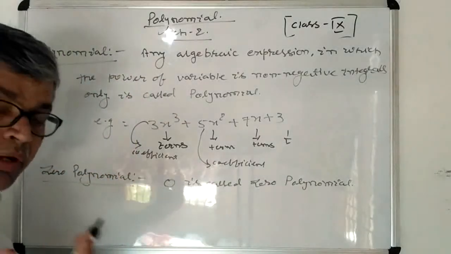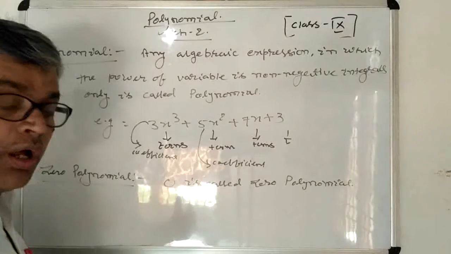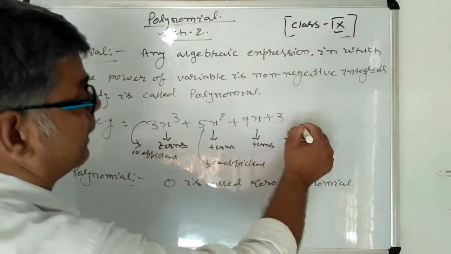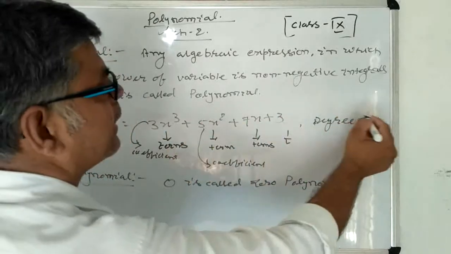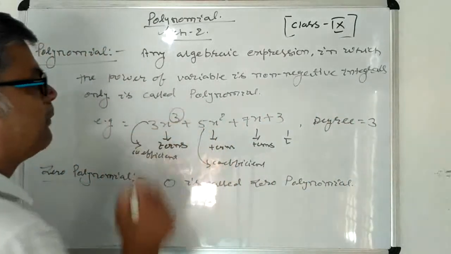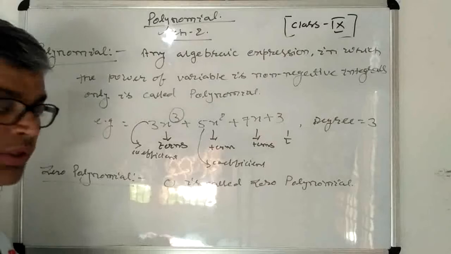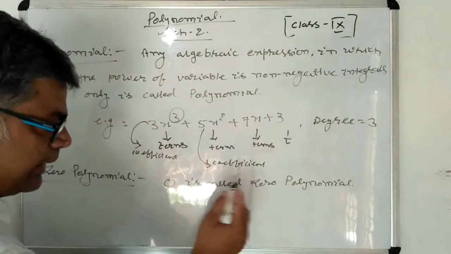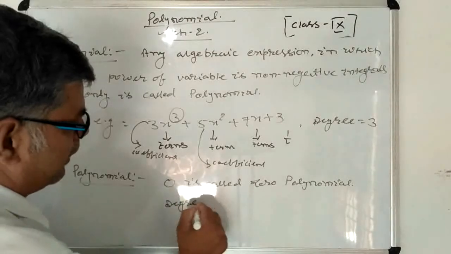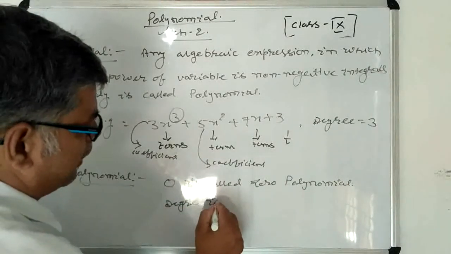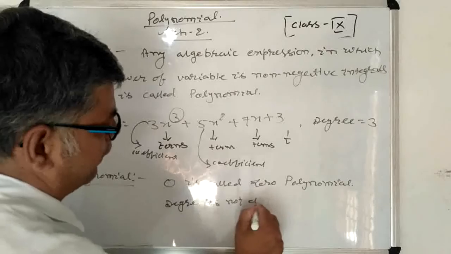Degree is the highest power of the variable. In this polynomial, the degree will be 3, because 3 is the highest power of the variable. And in the case of the zero polynomial, the degree is not defined, that is, infinite.